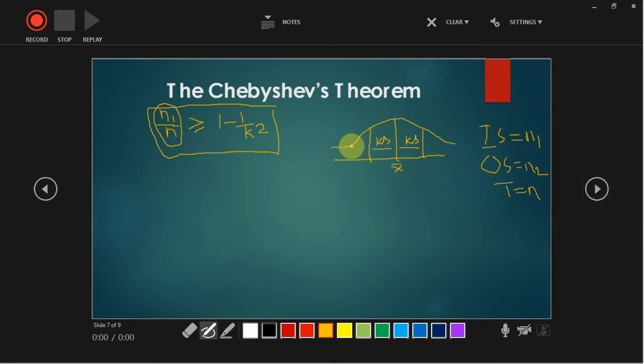So now if we take any observation xi outside, the difference between these two terms is greater than k standard deviations. So the main feature is that xi minus x bar is greater than ks, because it lies outside the range.